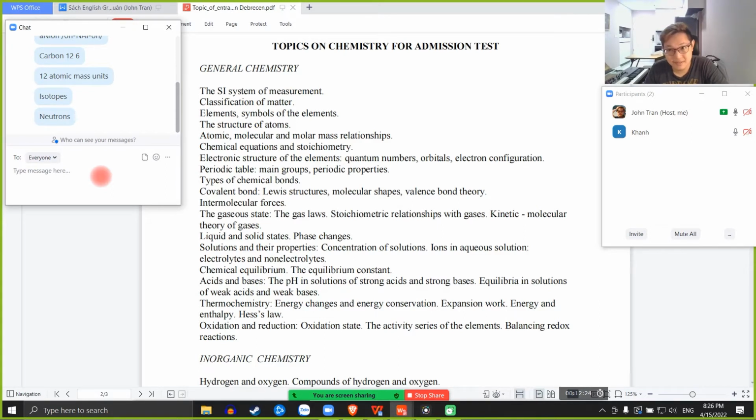Isotopes are basically the same element, just different in their number of neutrons. So their boiling point and melting point must be the same. Be careful. Carbon 12-6, carbon 13-6, carbon 14-6 must have the same boiling point and melting point, because they are all carbons.